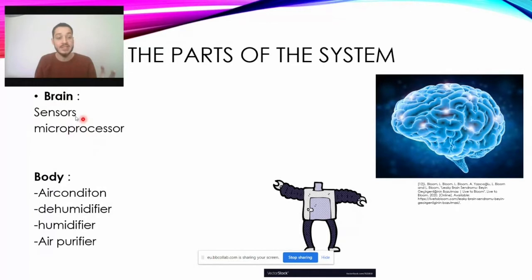We will be adding sensors and microprocessors along with detailed code that will interface between the environment and the device itself. The devices can be the body: an air conditioner, a dehumidifier, an air purifier. Actually, any device that can control or affect the environment can be added to the body, and certain adjustments can be done to the brain.